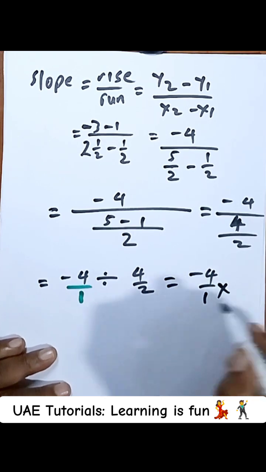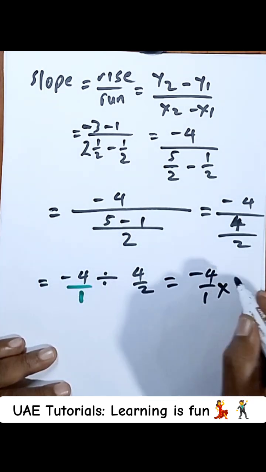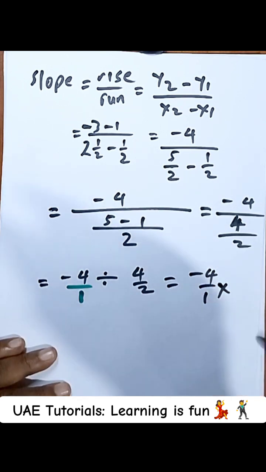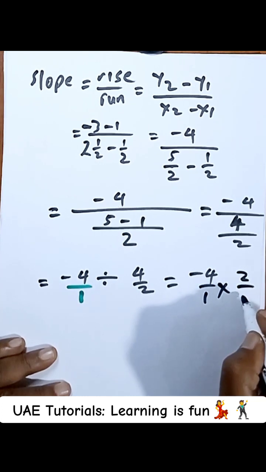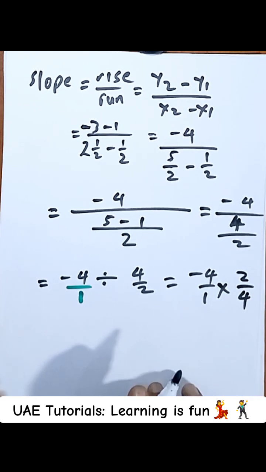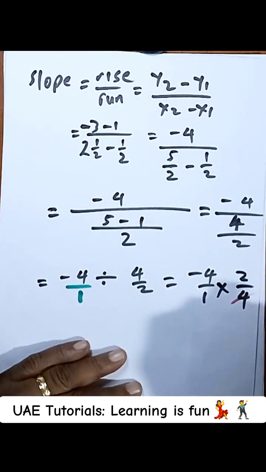And when we are changing from division to multiplication, instead of 4 over 2, we invert, or we flip, and it now becomes 2 over 4. And then at this point, we just cancel out. 4 can cancel 4.